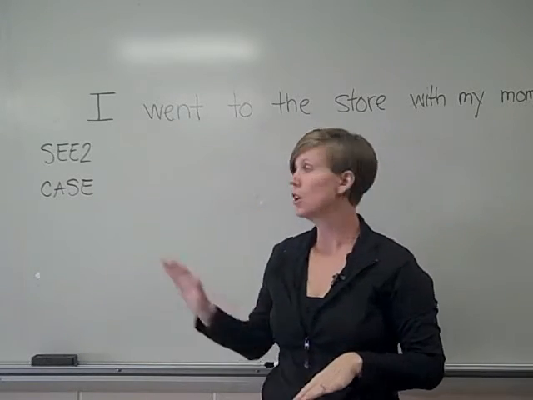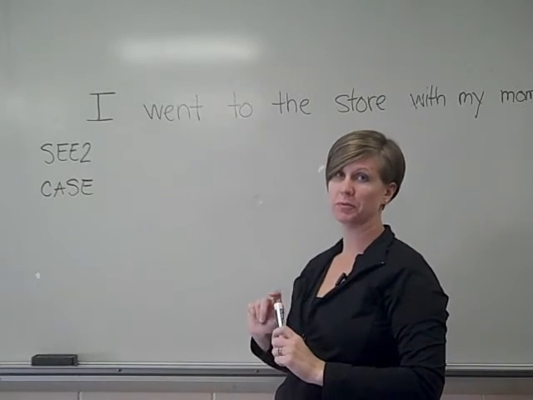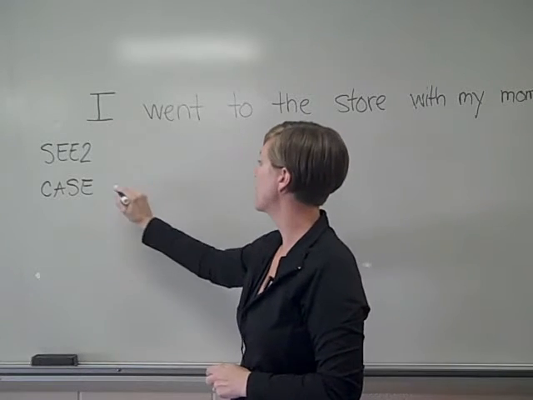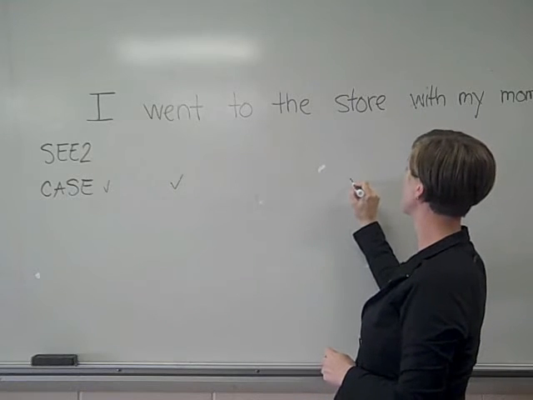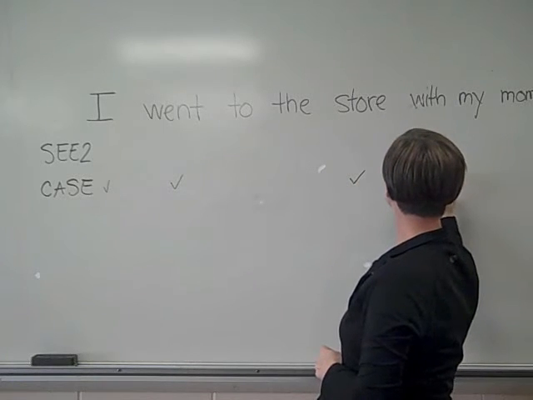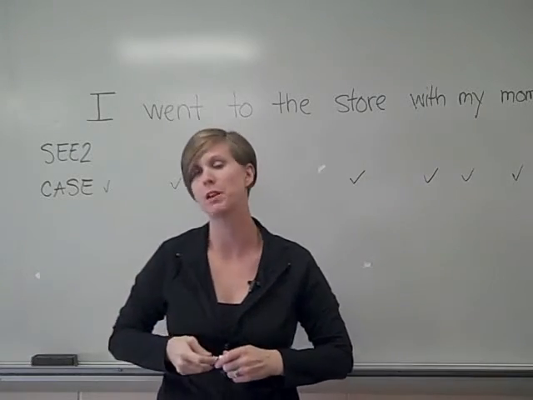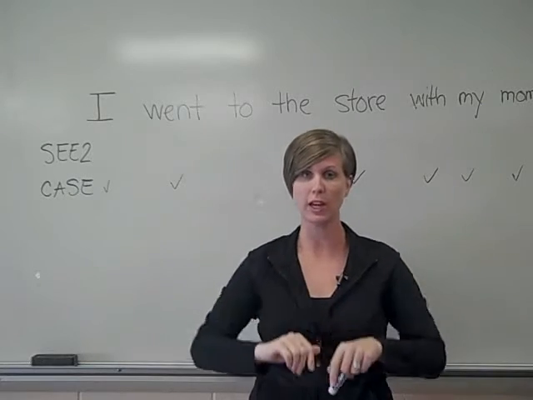Okay, so with C2, it signed every single word. With case, we signed I went and we signed to the store with my mom. And there was a little bit more to that because we showed the store, the place where it was, and then we did show both of us going there.